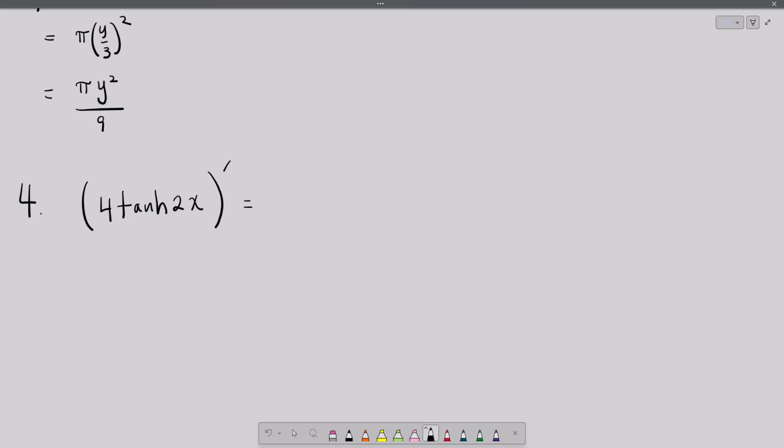Okay, so when we think about these hyperbolics, they're called hyperbolic trig functions because they mimic what the trig functions do. And we have parallel derivatives. The one big change is that the derivative of sinh and cosh are each other. So one thing we could do if we forgot the derivative of tanh, we could just build it.